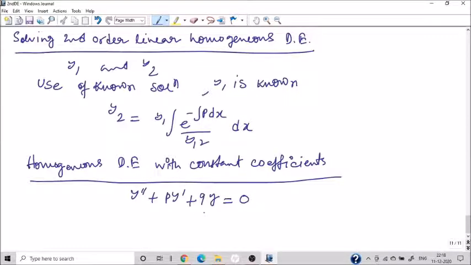To solve this differential equation, we have to start from a trial solution or a trial function.